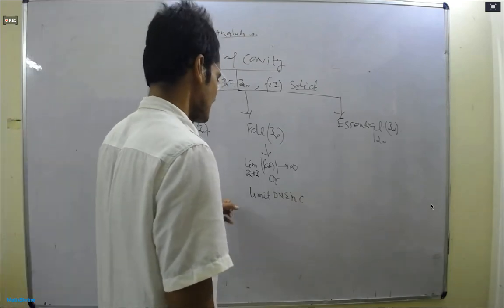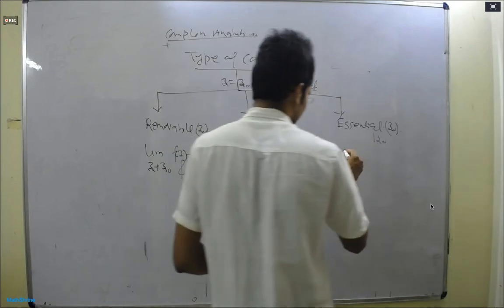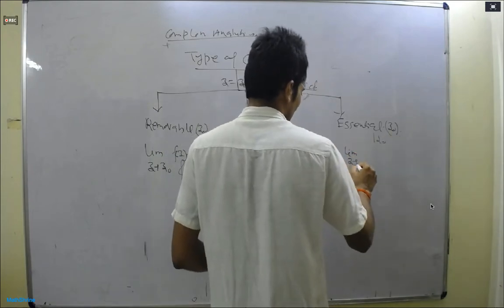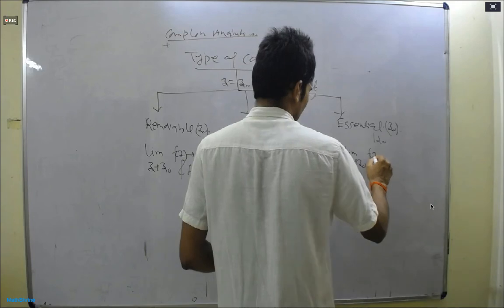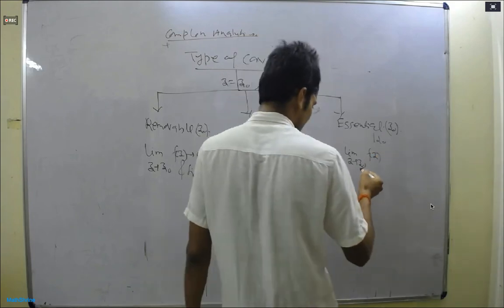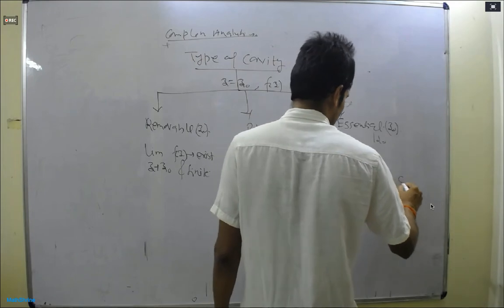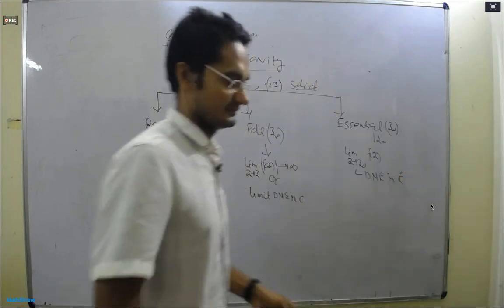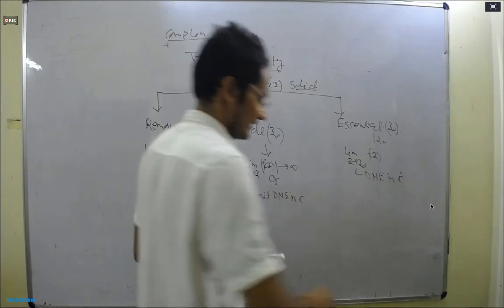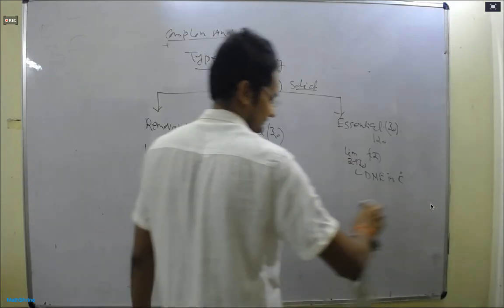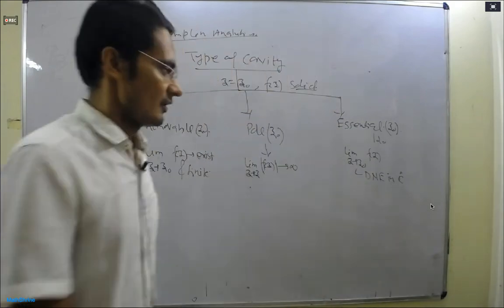The third one becomes the essential singularity if the limit as z tends to z naught of f(z) does not exist even in C hat, or if you are confused you can just remove this. What is this telling?